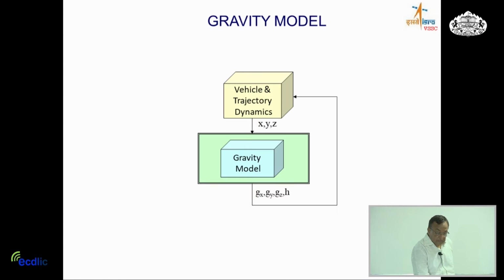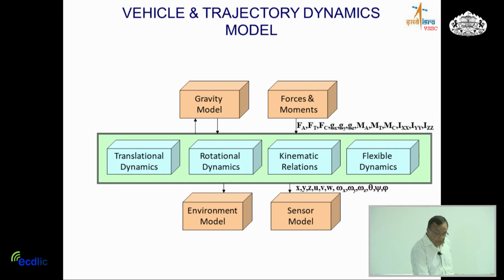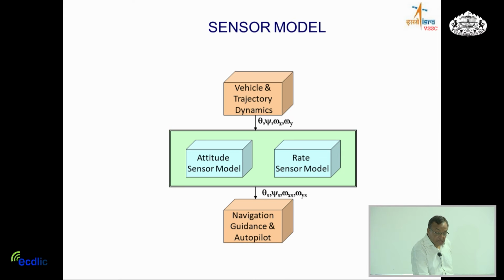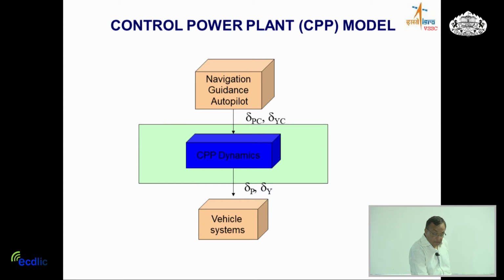Then there is a gravity model. There are vehicle systems, aerodynamics, mass, center of gravity, moment of inertia. So many things are there in this. Then the vehicle and trajectory dynamics, sensors, and NGC, control power plants. All these are modeled in our simulation package.